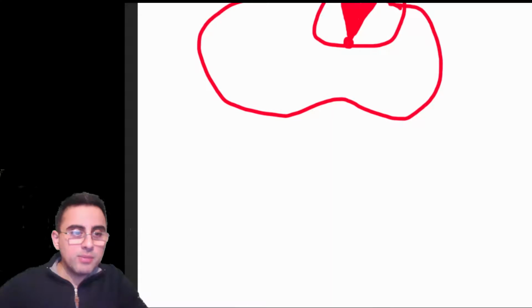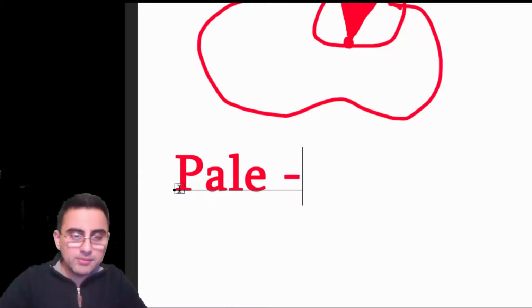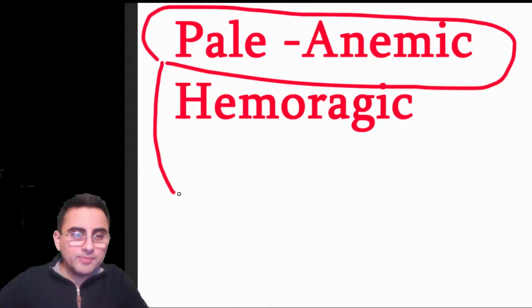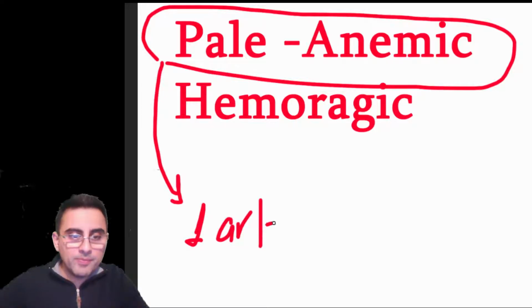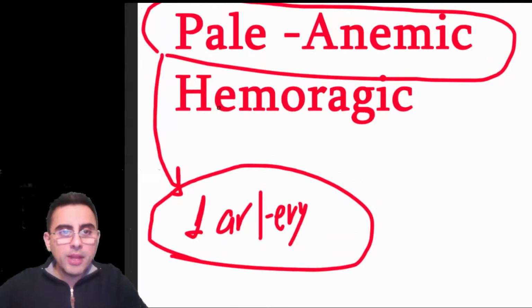Okay, infarction may be pale, anemic, or hemorrhagic. Pale will be when there is one artery blood supply. If we have one artery and we block this one artery and cut off blood supply, in this case we will have pale anemic infarction.